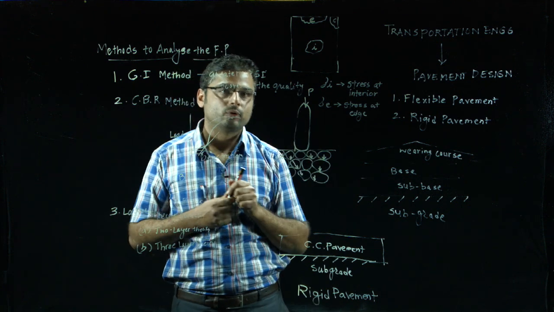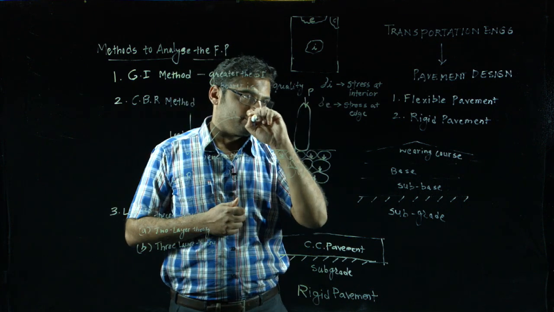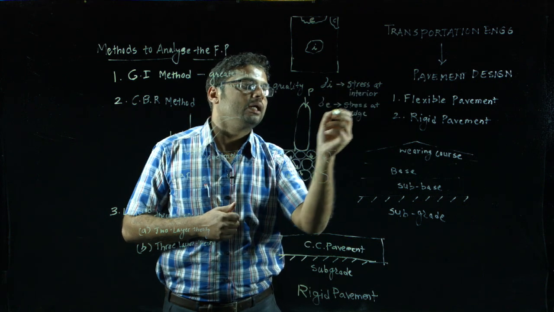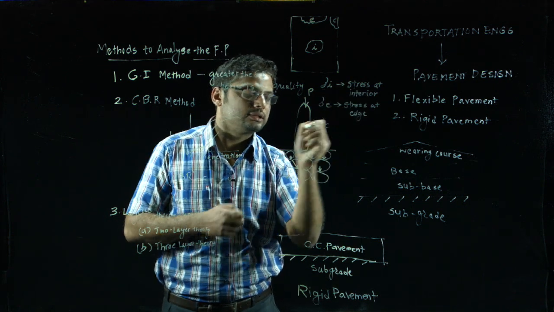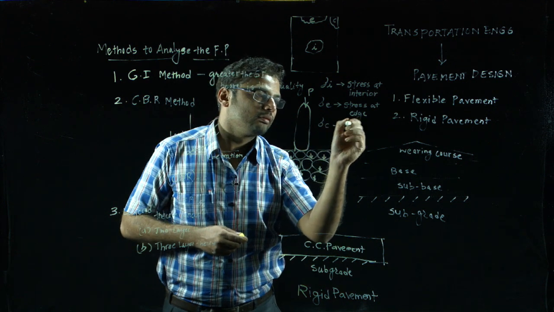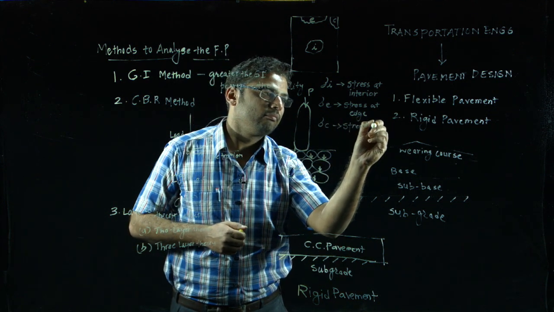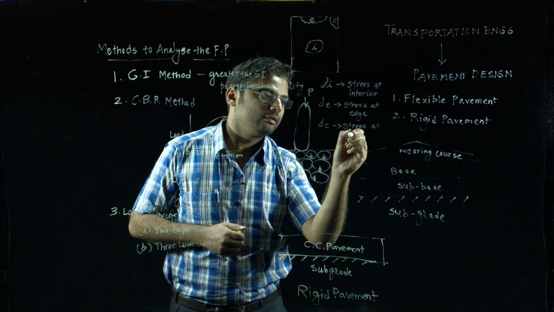This is my rigid pavement, that means it is a cement concrete slab. Sigma I, sigma E and sigma C. Let us say this is the stress at the corner region.